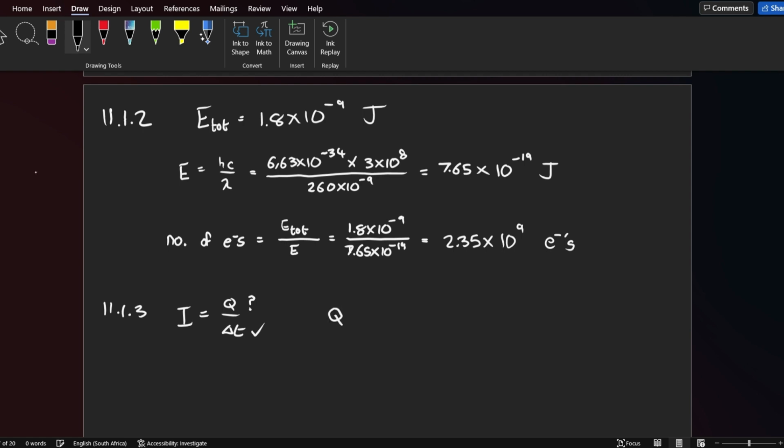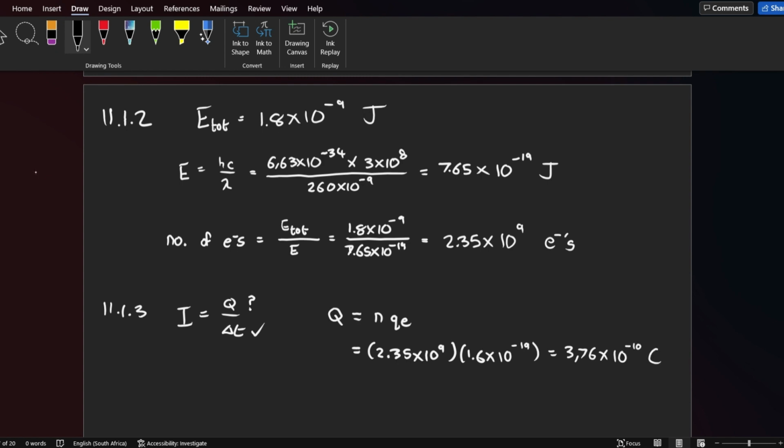And we can do that based on the fact that we have calculated the number of electrons. So we have our number of electrons, which is 2.35 times 10 to the power 9, and we have the elementary electron charge, which is 1.6 times 10 to the power negative 19, and we will get the total charge transferred to be 3.76 times 10 to the negative 10 coulombs.